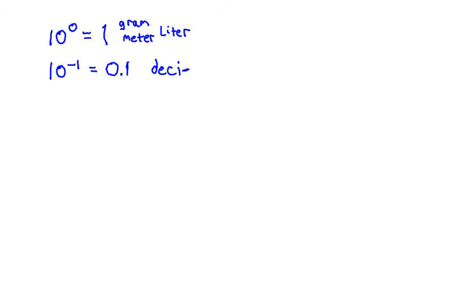So that means a decimeter is 0.1 of a meter.